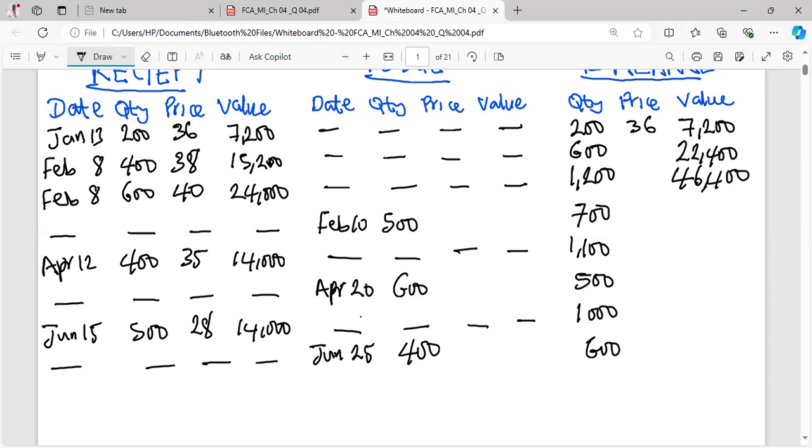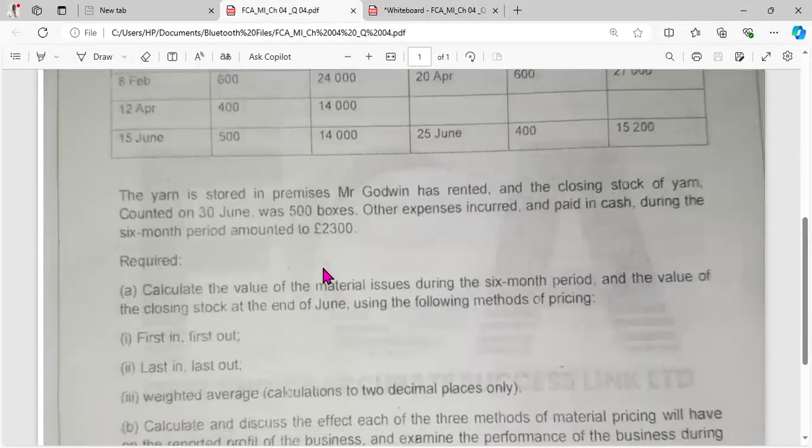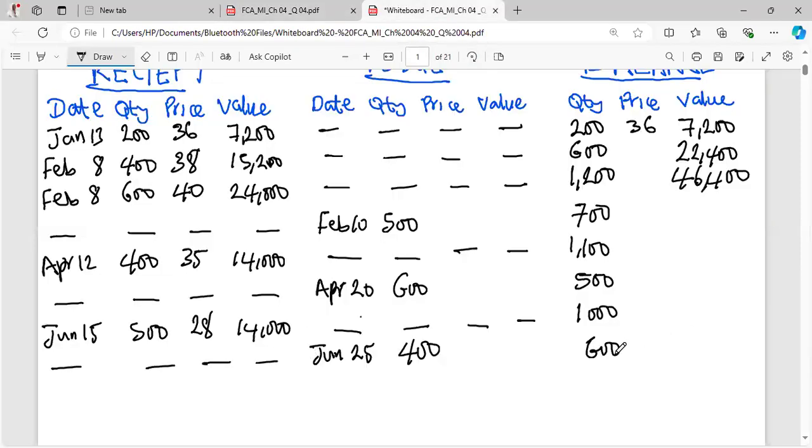So 600 is going to be your closing stock. But look at what is said here. Mr. Godwin counted the closing stock of yarn counted on June 30 was 500 boxes. But the last date of transaction was 25th and it's 600. So what's the issue now? 100 is missing.